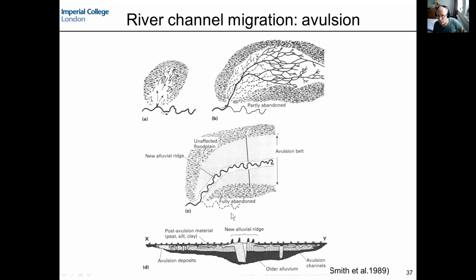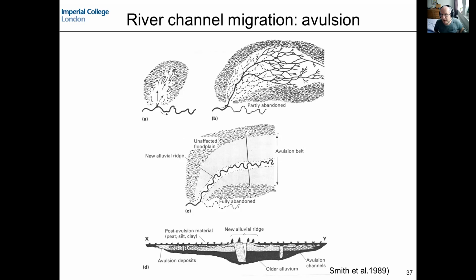And the old channel position is now fully abandoned. Okay. And what you can see there is that the channel has now switched position from here to here. And there's been a particular point where that jump has taken place. And that process is avulsion. That switching is what we mean by avulsion.